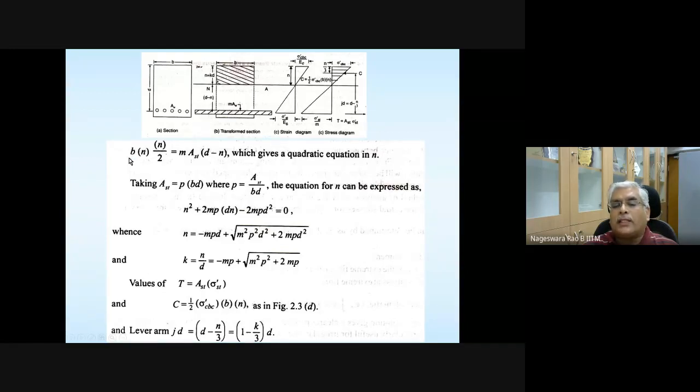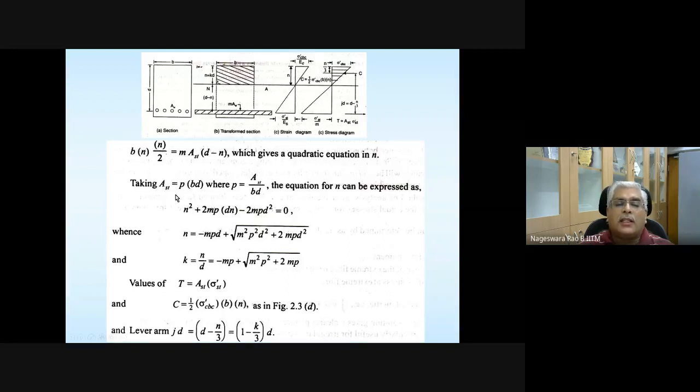Now this equation can be written in a different way, which is given here. Usually we specify the area of steel. In some cases the area of steel may be specified as a percentage of the cross-sectional dimensions.